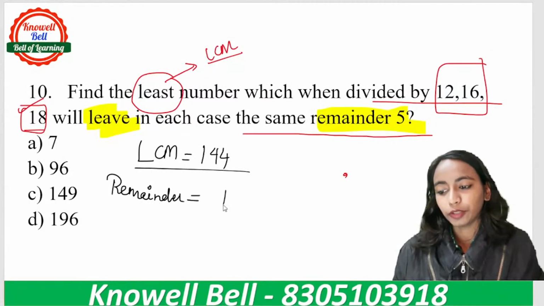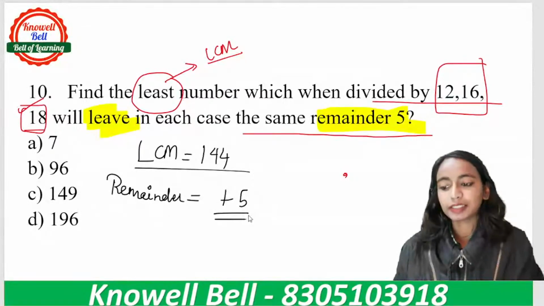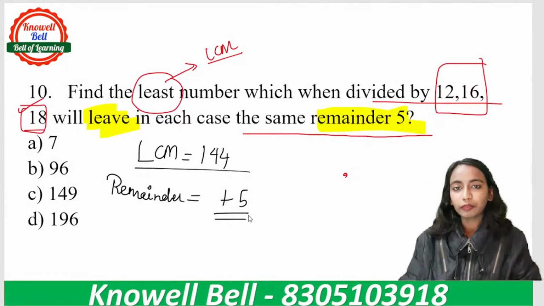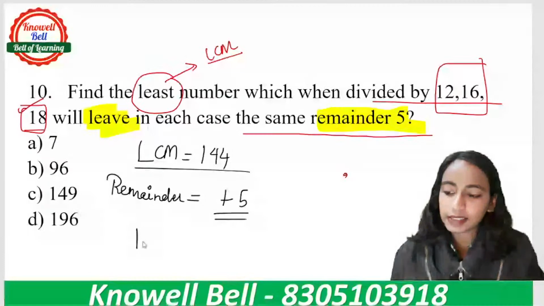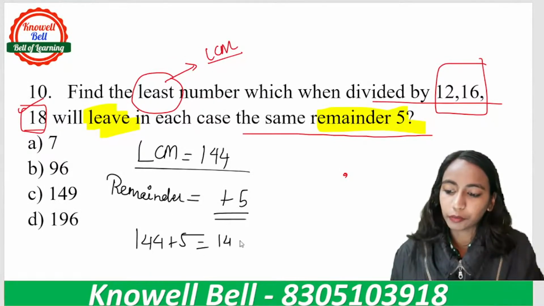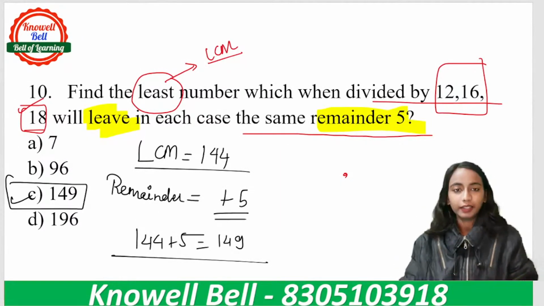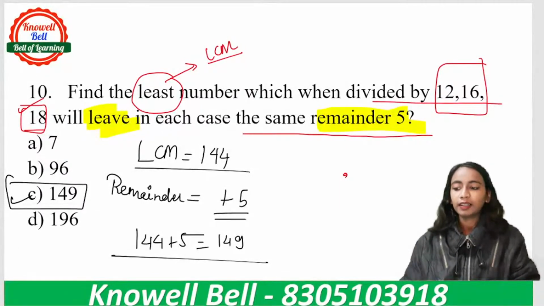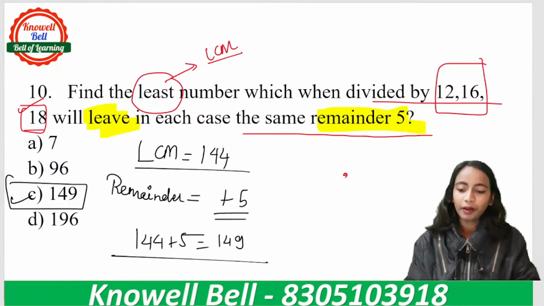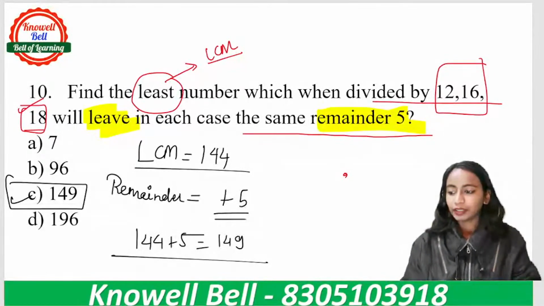Only then we will get the remainder of 5. So the answer will become 144 plus 5, that would be 149. So the right answer for the question will be option C, 149. Clear? So this way we can get the answer.